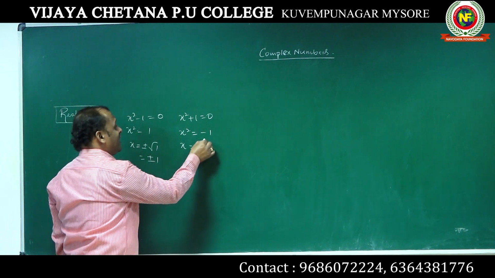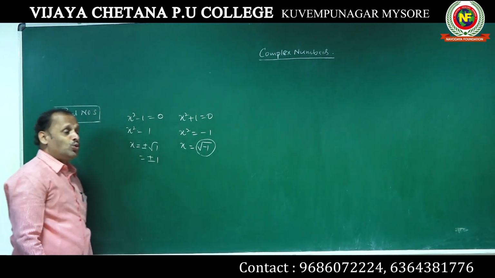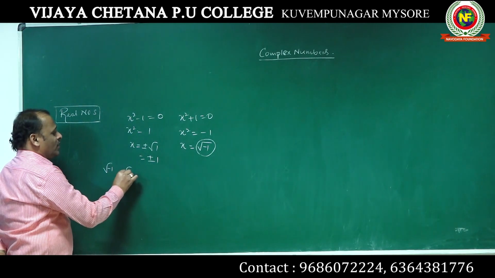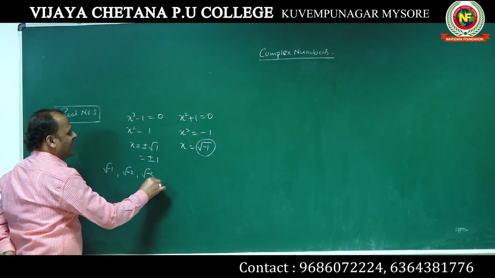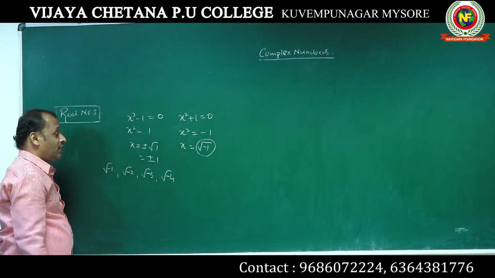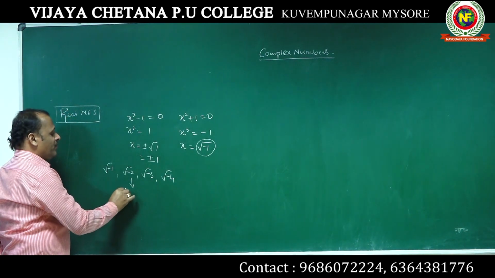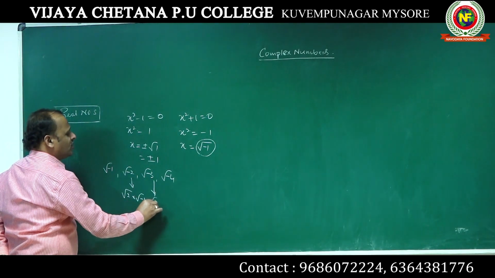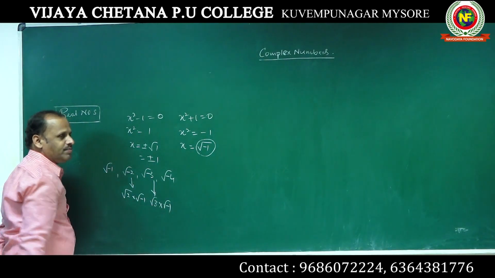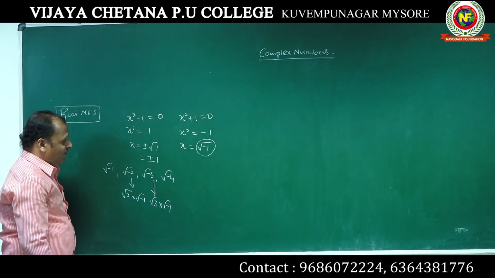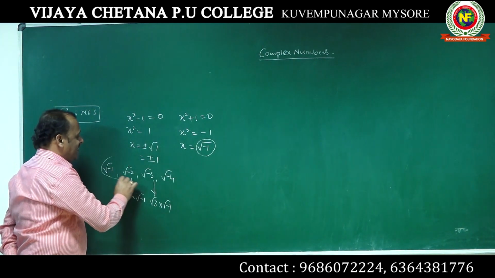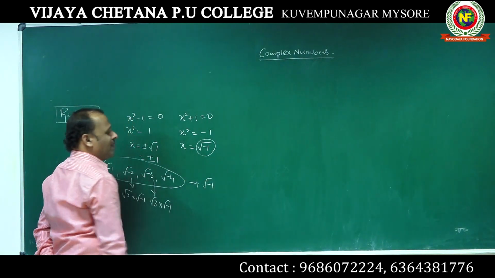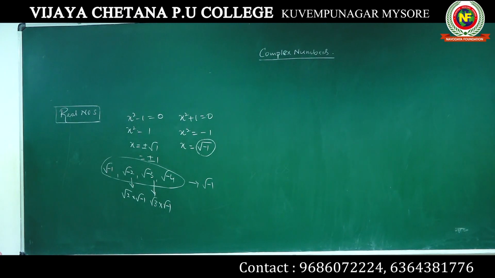So now here root of minus 1, root of minus 2, root of minus 3, root of minus 4. Of course, root of minus 2 is root 2 into root minus 1, and root of minus 3 is root 3 into root minus 1. So finally, these numbers will be in the form of root of minus 1.